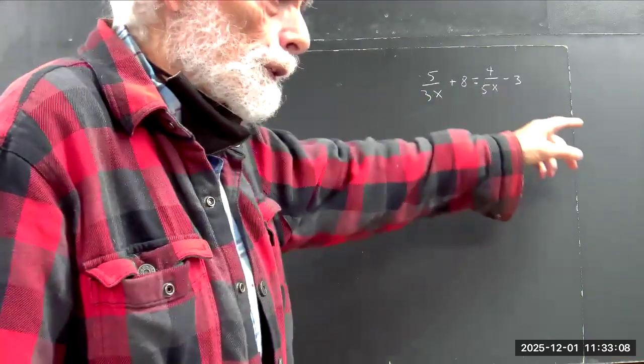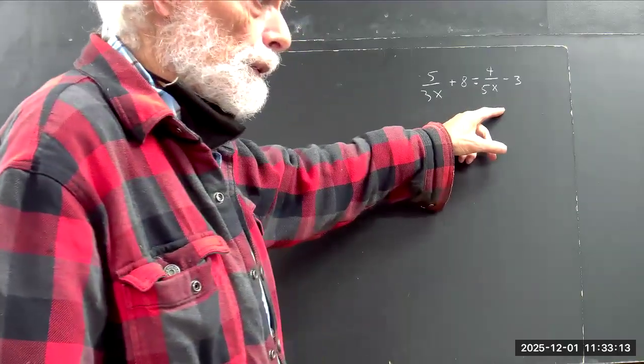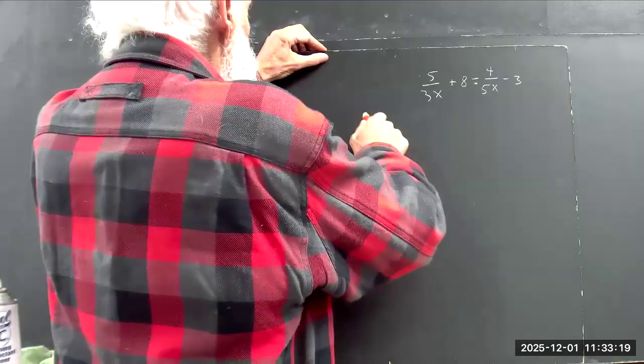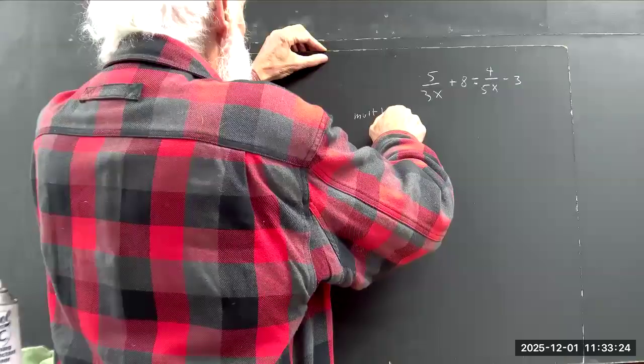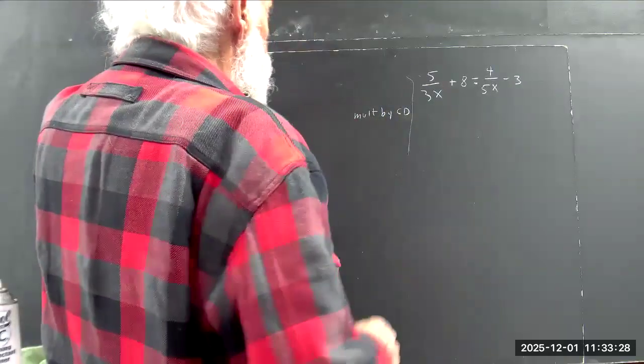How do we deal with this equation? Well, immediately we see that we have denominators. We don't want denominators in an equation. It complicates things. So we multiply by a common denominator.